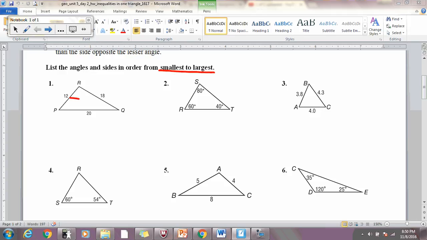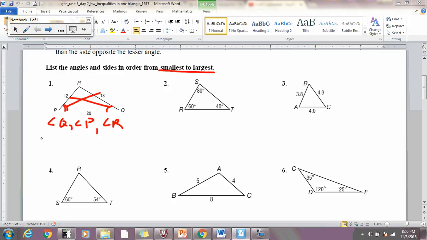So across from PR, you're going to find angle Q. So that is the smallest angle. Then the next shortest side is RQ. Across from it, you're going to find angle P. And that leaves angle R as the largest angle.